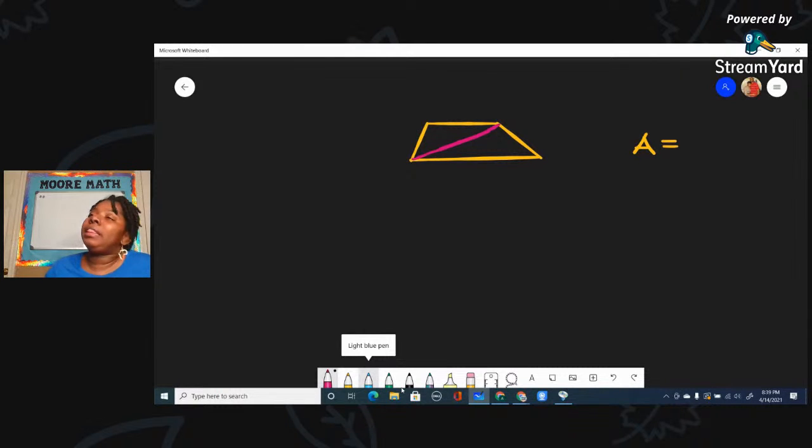If you know anything about the area of a triangle, the area of a triangle is base times height divided by 2. Here's your base, here's your height. So here's the base of this triangle, and we have to draw in the height. The height always makes a right angle with the base, right?